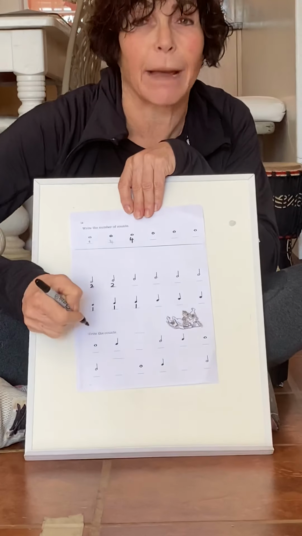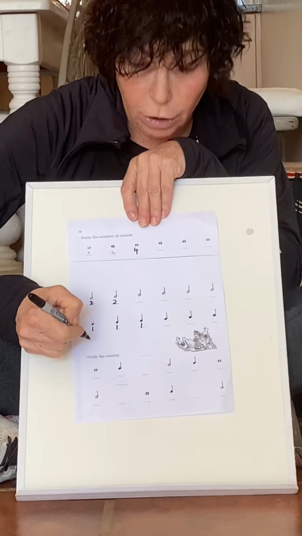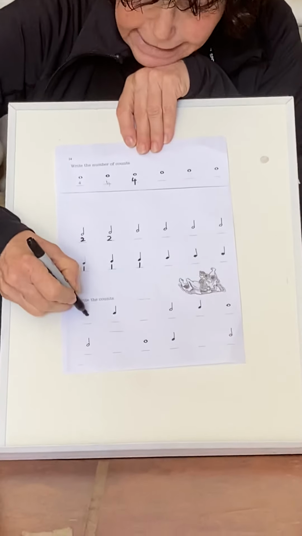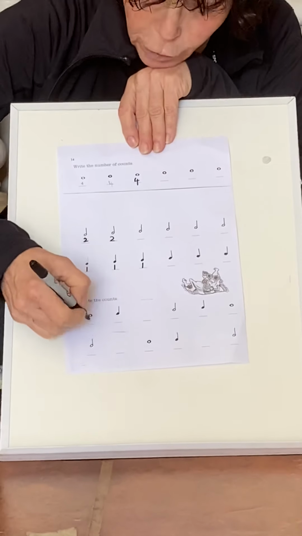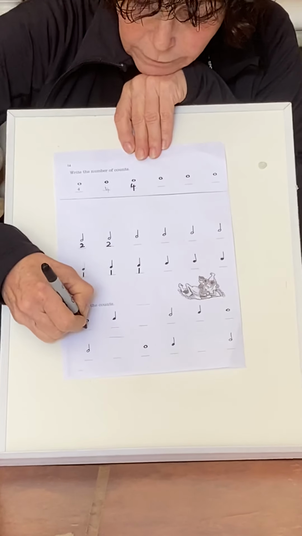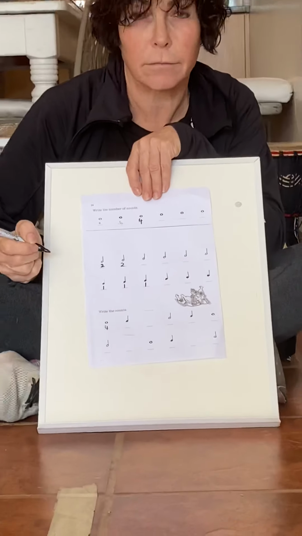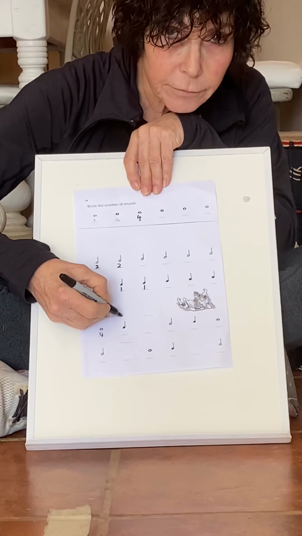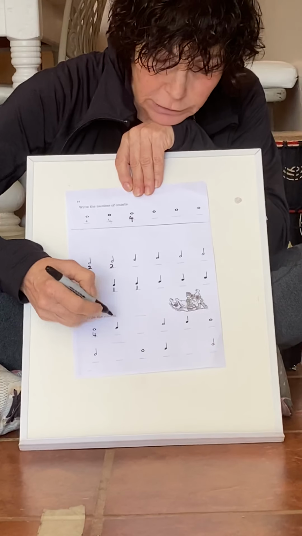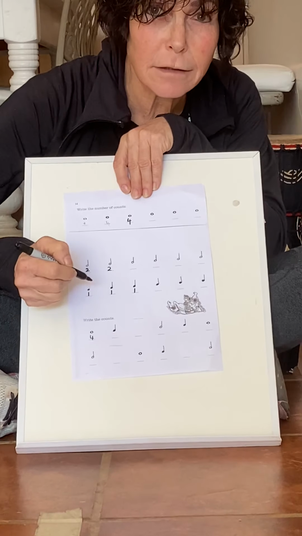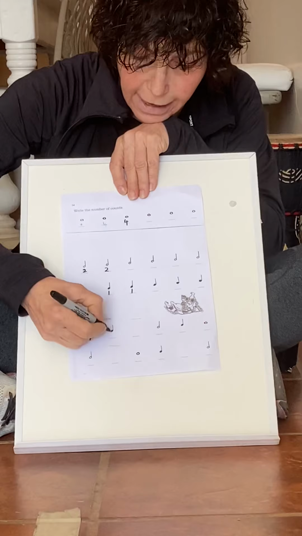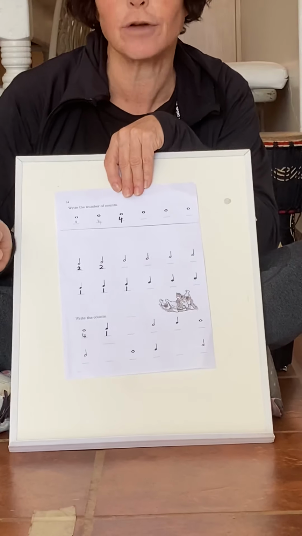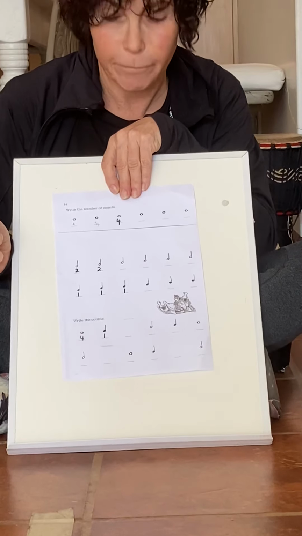Now have a look here. Here they're all muddled up. So let's go. Here's the big whole note, so it's going to get 4 counts. Here's the witch, and the witch is going to get, you got it, 1 count. Excellent, you guys. Keep going.